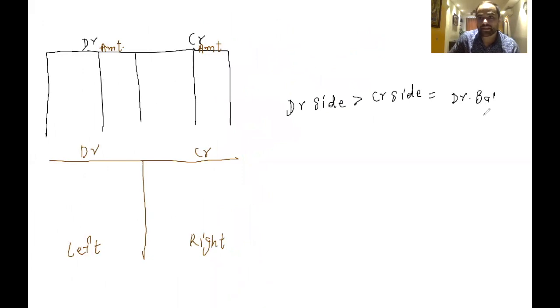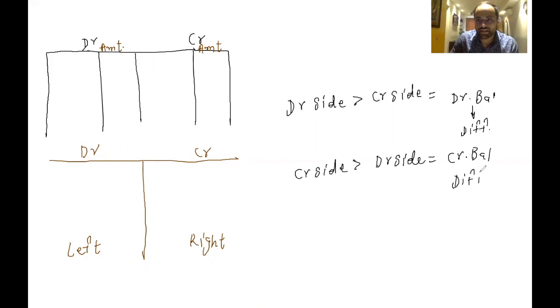Debit balance means the difference between debit and credit. Whatever is the difference, that will be the debit balance. If your credit side is greater than debit side, so you have a credit balance. Whatever is the difference, that will be treated as a credit balance, right?